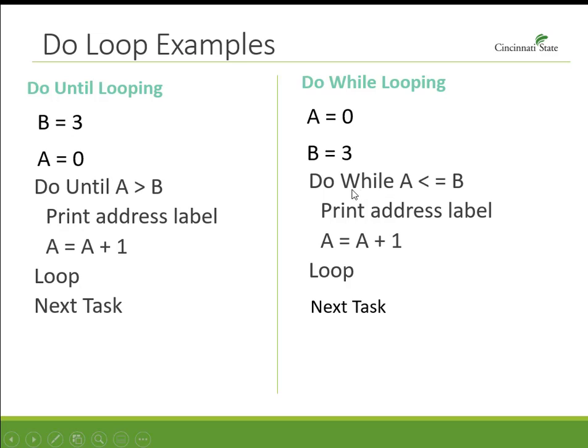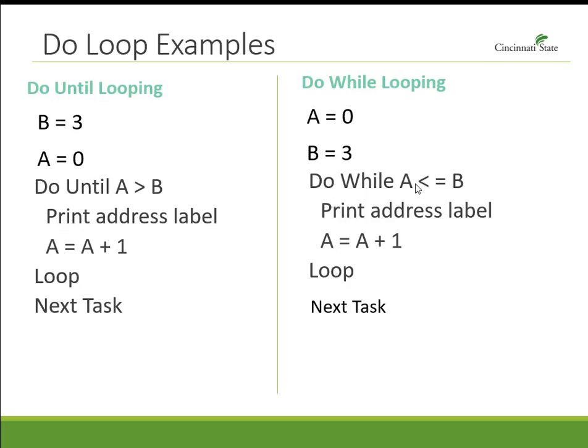Once this condition is not met, you will come down here to your next task. Let's go on and walk through this logic. We have a variable A equals 0, variable B equals 3. Do while A is less than or equal to B, print address label, A equals A plus 1, and loop.